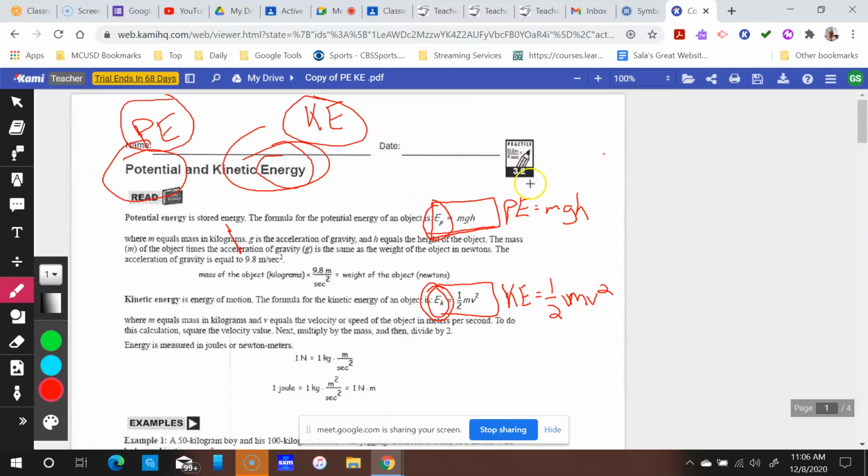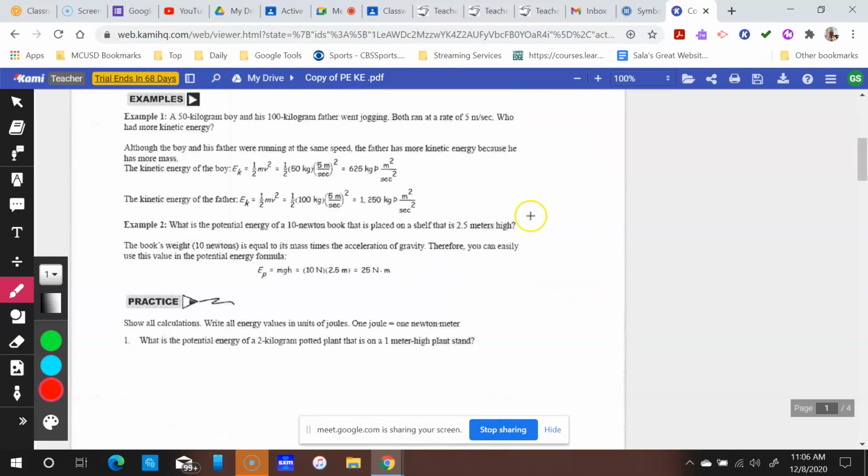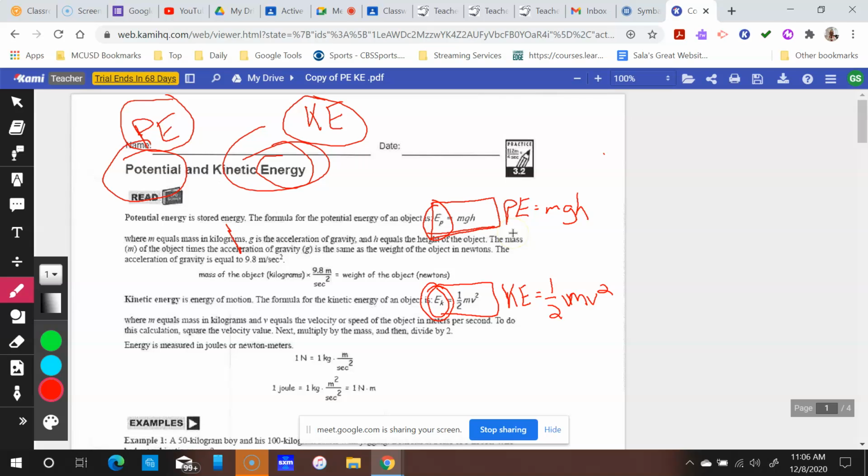So here are your equations. Potential energy is going to be the mass times the local gravity times the height. I always use the designation PE. This worksheet is just using E with the little p. Doesn't matter.